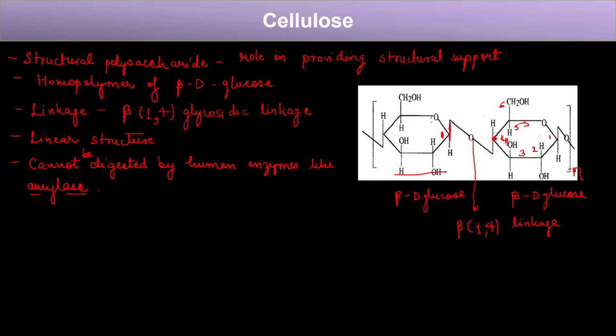So what's the reason? The structure of glucose is almost similar, except that at one position the OH is located upward in beta D glucose, while in alpha D glucose, as in starch, the OH is located downward. What makes cellulose indigestible by human enzymes while starch can be digested?